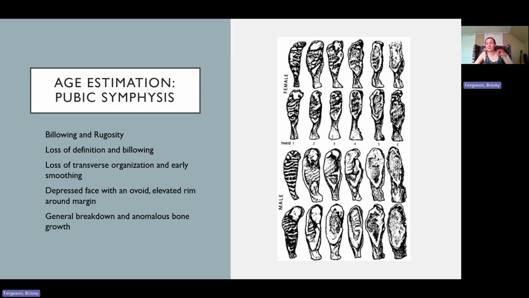By the time we get to 6, though, you don't need to be great at forensic anthropology to be able to tell that that individual is pretty old, because you're actually going to see the pubic symphysis be a very different shape, where it's almost like breaking down. You are also going to see that ridge that had developed in the previous phases be less pronounced because it has taken over the entire thing.